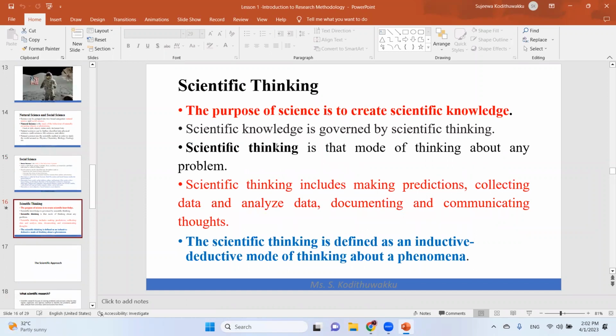Then the next term is scientific thinking. Now remember here, I basically discuss various technical terms linked with your research methodology, right? The purpose of science is to create scientific knowledge.